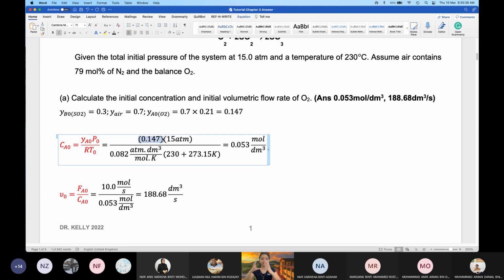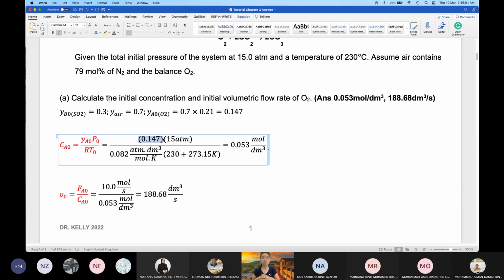Dalam 70% air ini ada lagi terbahagi kepada 79% N2, 21% O2. Kamu kena ingat yang 79-21 ni adalah percentage dalam 70 itu. Dia tak mewakili percentage keseluruhan for the whole system that also include the SO2.